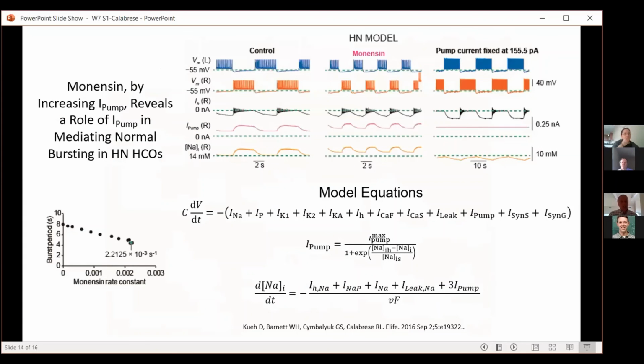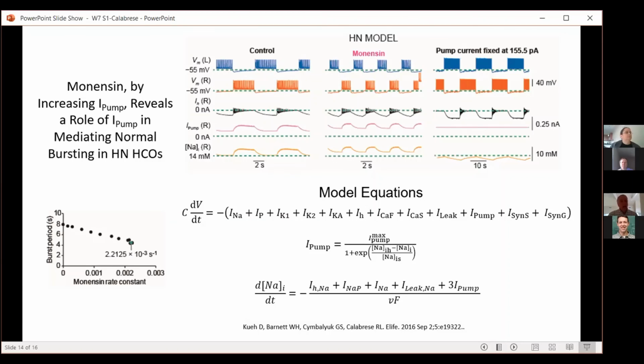And then this is just to show that if you model the system and put monensin into the picture, then you get the changes in period that you would see under normal conditions.